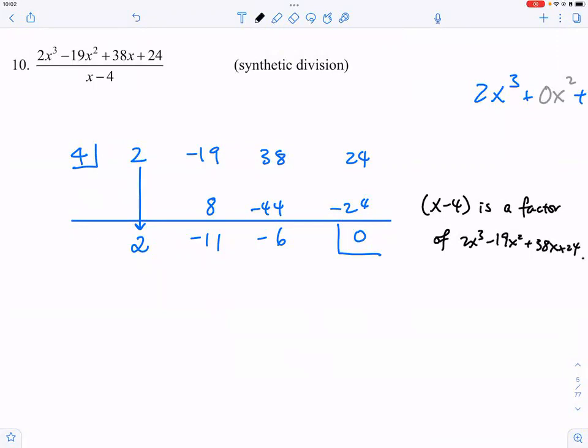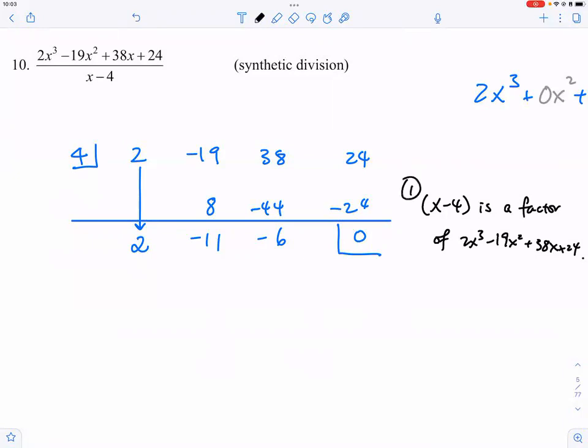Now that goes back all the way to middle school or even elementary school, maybe. When you think about how you find out the factors of some simple numbers, like what are the factors of 6? You would say 2, you would say 3, you would say 1, you would say 6, because 6 divided by those numbers would get you a 0 remainder. And if I ask you, is 4 a factor of 6? You would say no, because you would not have a 0 remainder. So that's how we have the power to say, oh, x minus 4 is a factor of the polynomial.